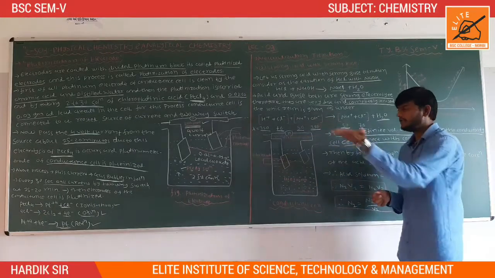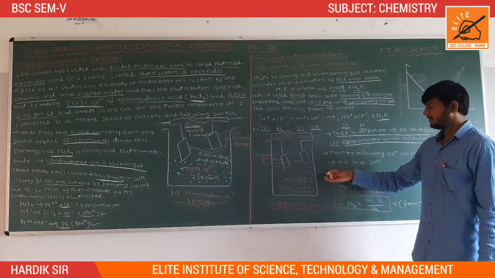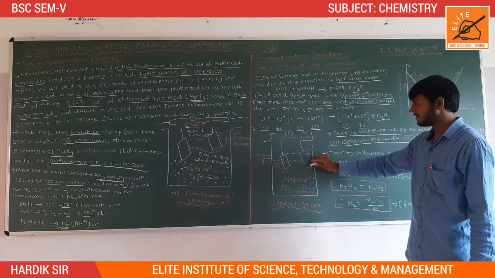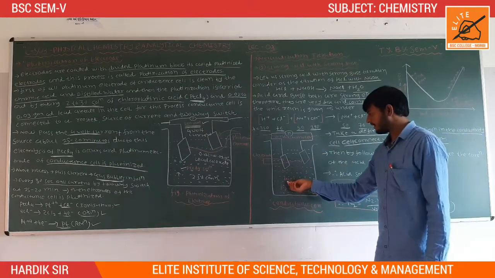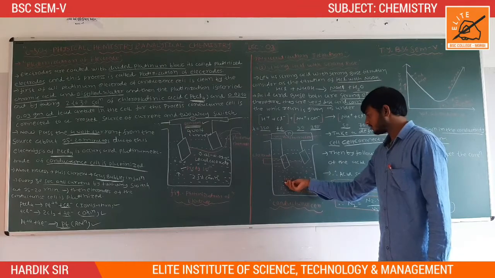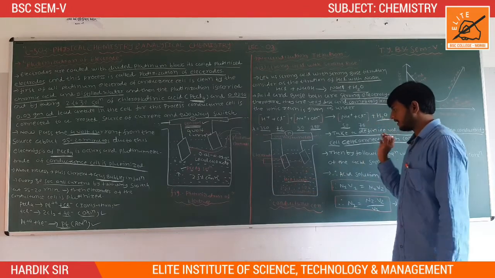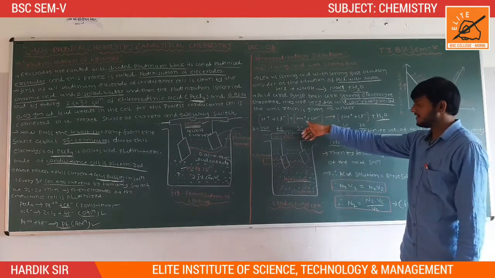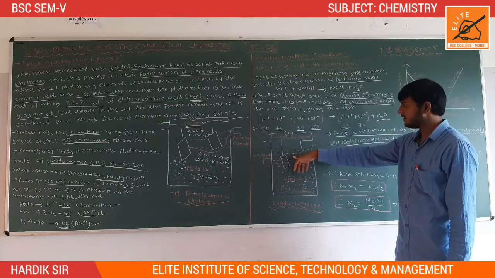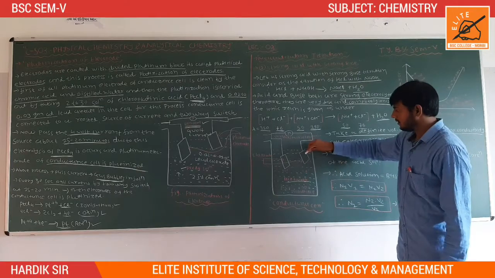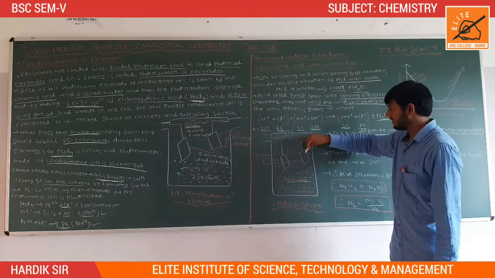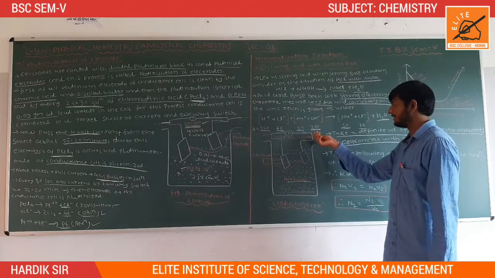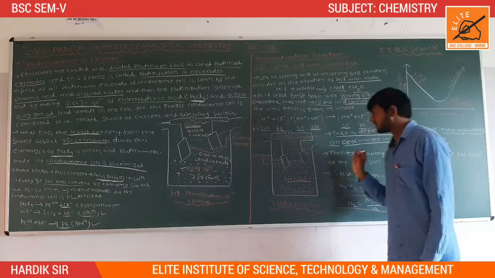First we take the beaker and add the solution, the mixture of HCl and NaOH, hydrochloric acid and sodium hydroxide. Then we dip 2 electrodes in the solution, and the 2 electrodes are connected with the conductometer, and the conductometer is connected to the rheostat.